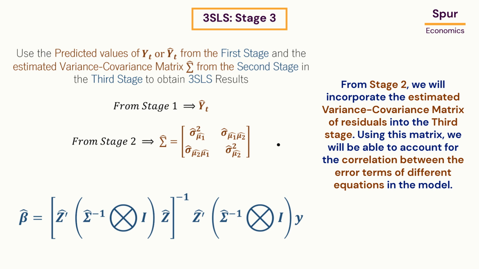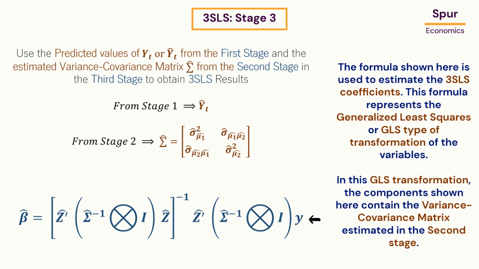From stage 2, we will incorporate the estimated variance-covariance matrix of residuals into the third stage. Using this matrix, we will be able to account for the correlation between the error terms of different equations in the model. The formula shown here is used to estimate the three SLS coefficients. This formula represents the generalized least squares or GLS type of transformation of the variables.